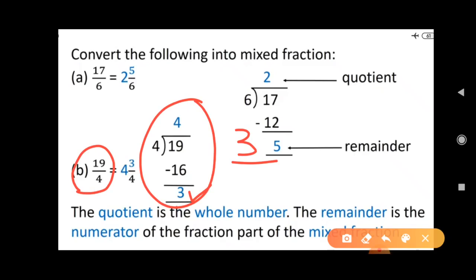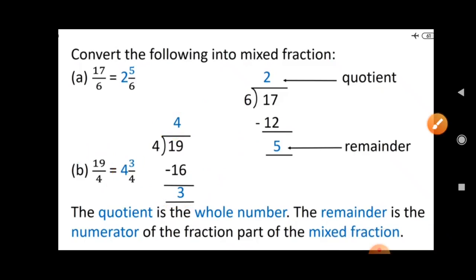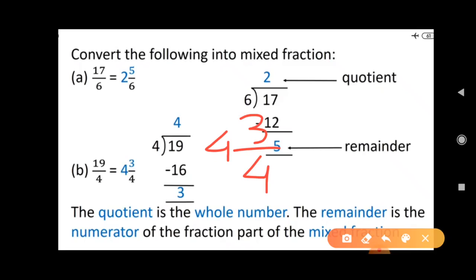And I get 4 as quotient, that I will write as a whole number. And in denominator I write 4, that is given. So the answer is 4 3 upon 4.